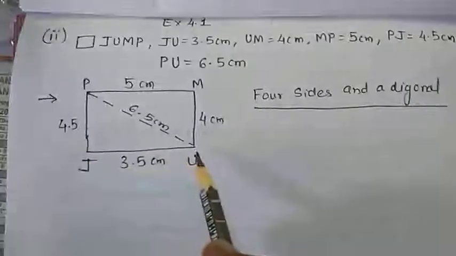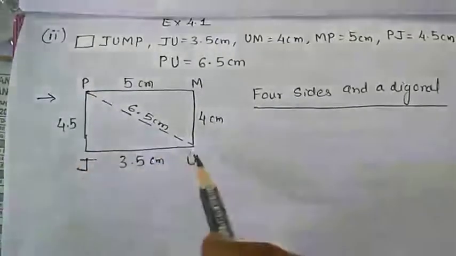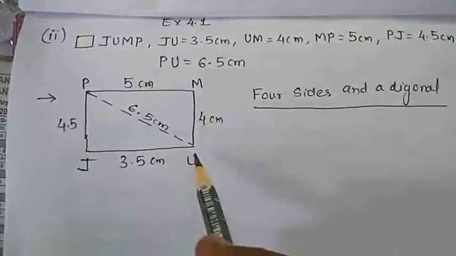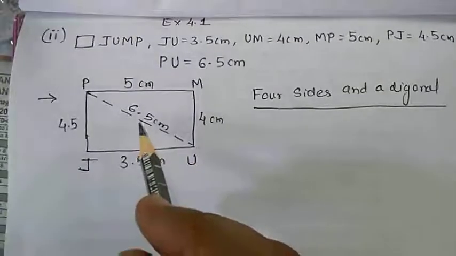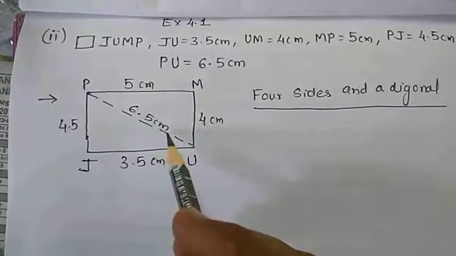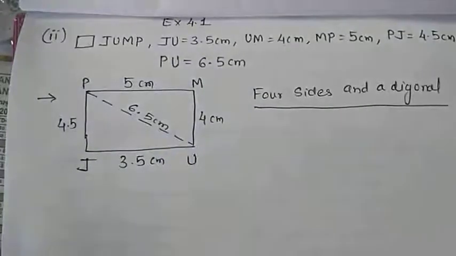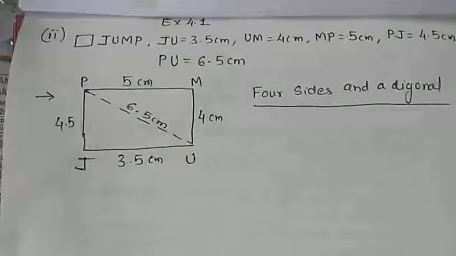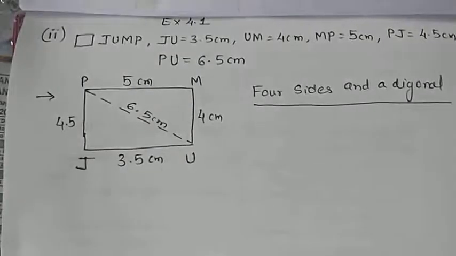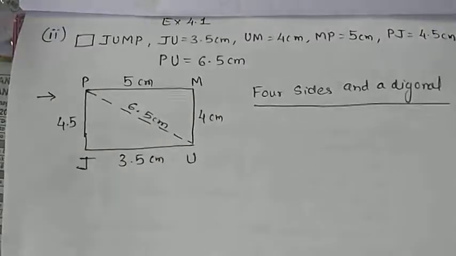One diagonal is also given, that is PU. PU is a diagonal, that is 6.5 centimeter. Now using scale, compasses, we will just construct the quadrilateral as per the measurement given to us. So all of you are requested to pay attention and proceed further.